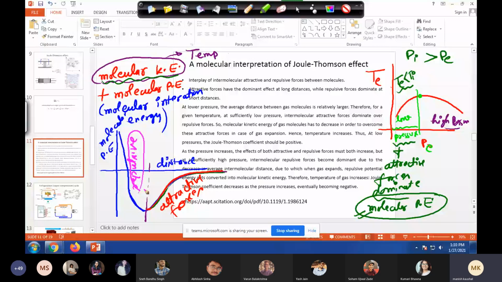Due to that positive potential energy, some part will be used to expand the gas and some part will add into the molecular K. That P will get added to this K. So this repulsive energy will be sufficient to expand the gas as well as to add some extra to the molecular K, and hence the temperature increases. I think it should be convincing for you guys. Your comments?